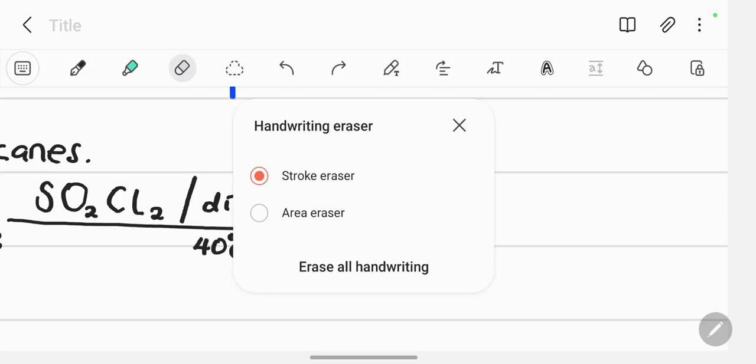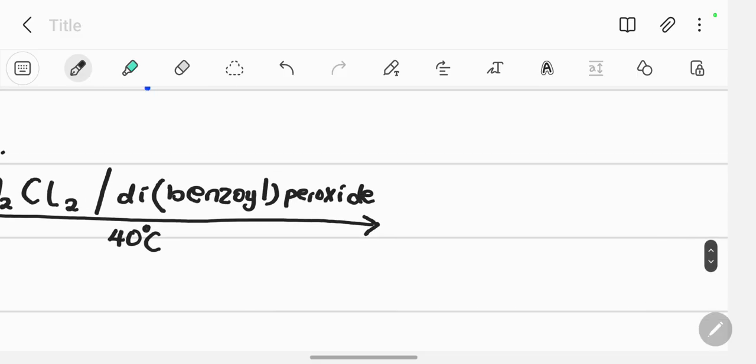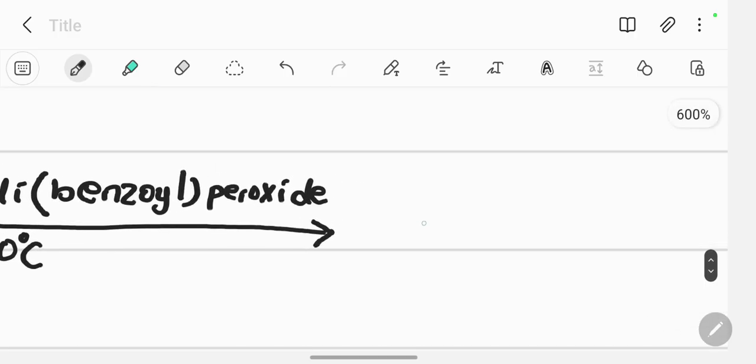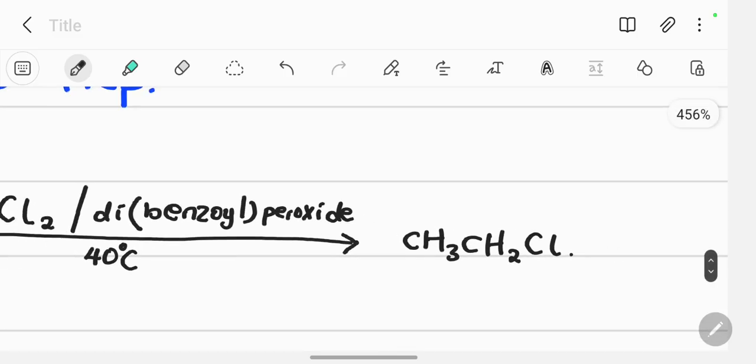By the way, this R is very problematic. It may end up bringing problems. So we are having CH3, CH2, chlorine there.